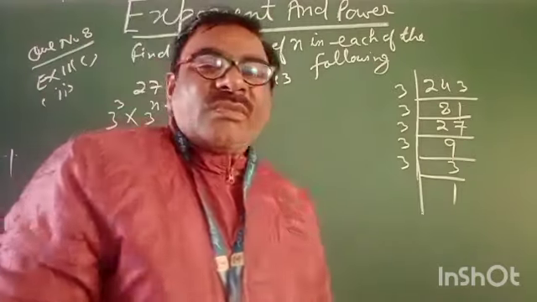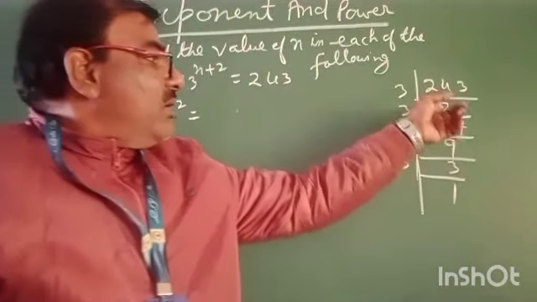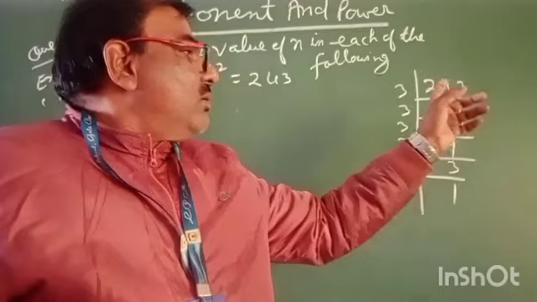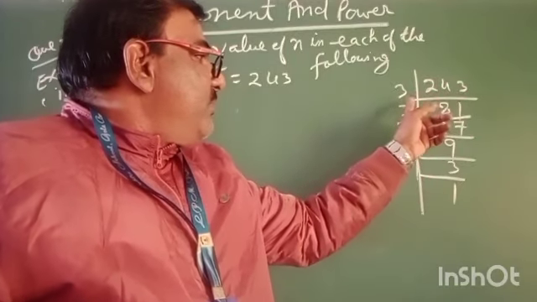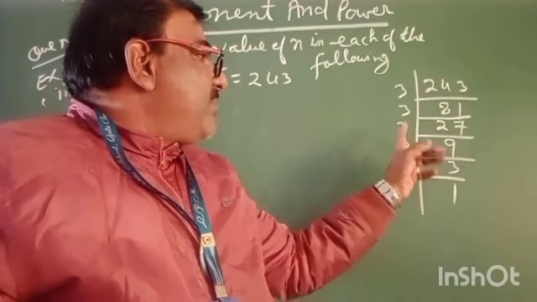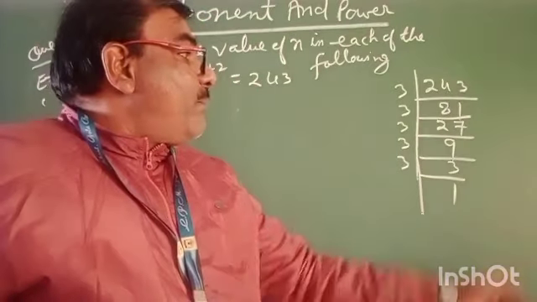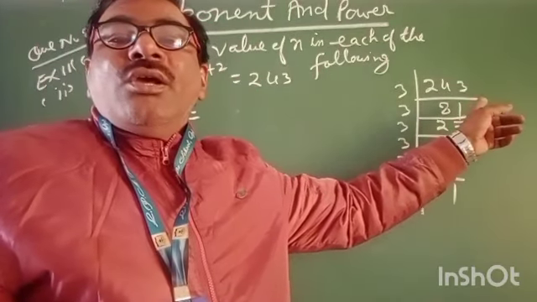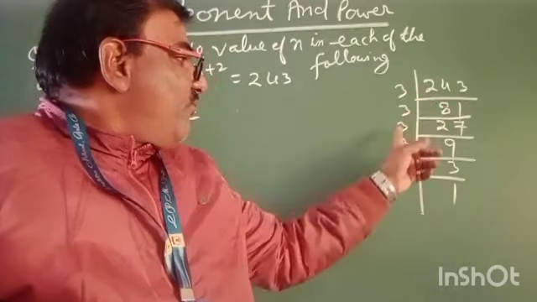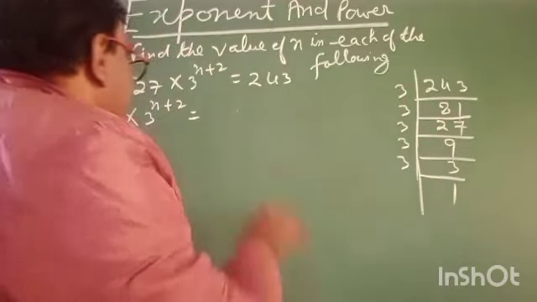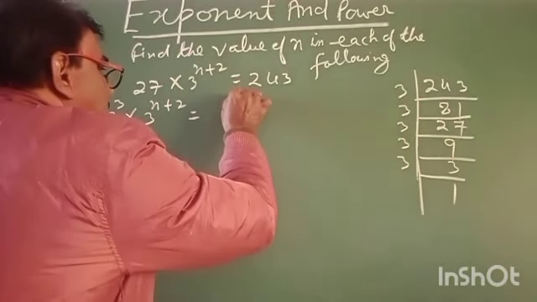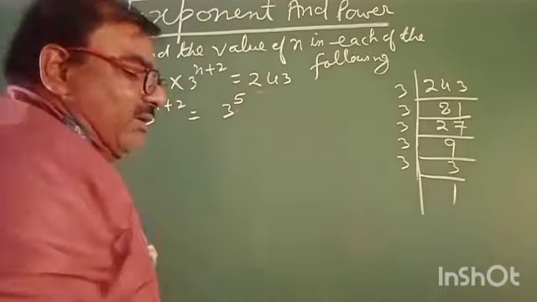So as you see here, after multiplying 3 five times we get 243. So in place of 243 we can write 3 to the power 5.